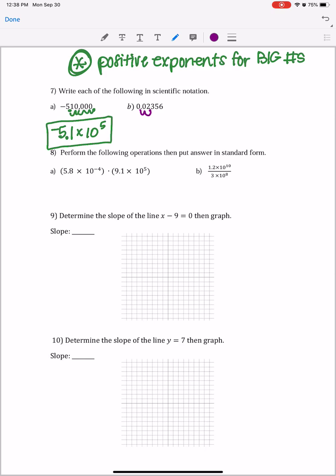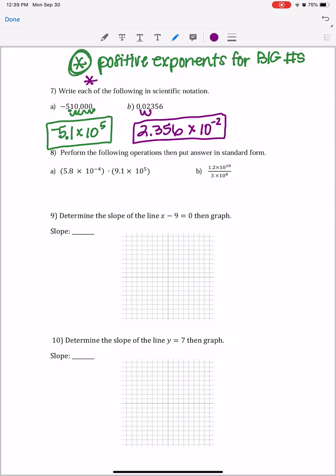So we have 2.356. Notice I can't get rid of those decimals. Okay, I can't get rid of those numbers. So don't just cut them off after like the 2.3. You need all of the numbers that they give you. Times 10. I moved it 2 times, but because this is a small number, to the negative 2 power.